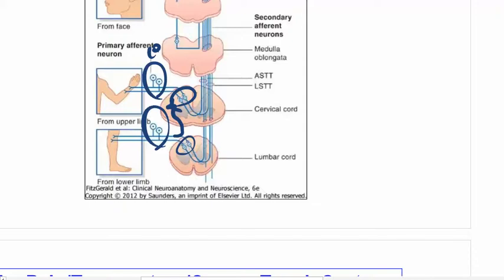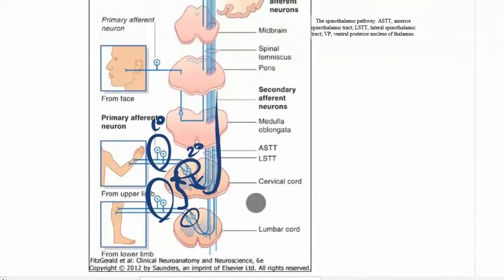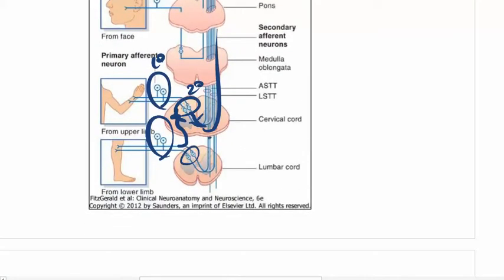Once it synapses onto the secondary neuron, the secondary neuron is going to send off its axons, so it's going to cross over. It's going to decussate at this position here, and then it's going to move up like so. So it's going to be following this tract.